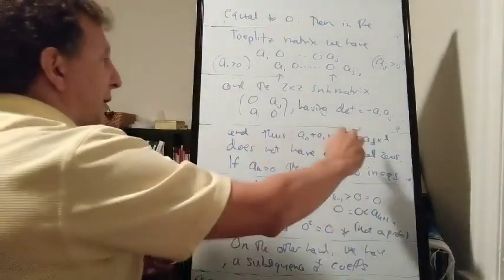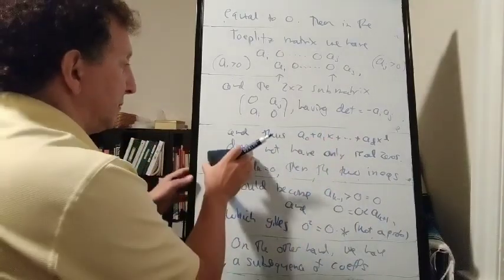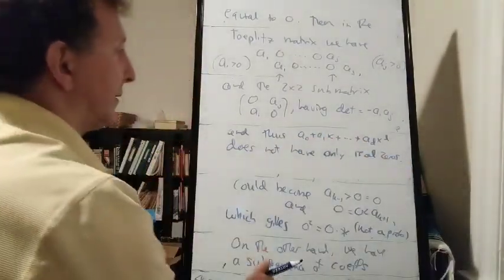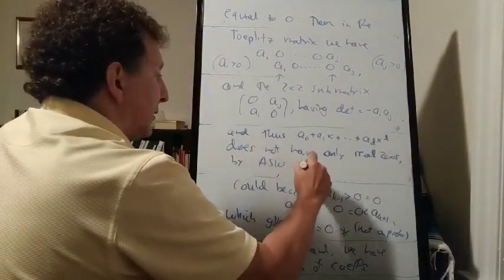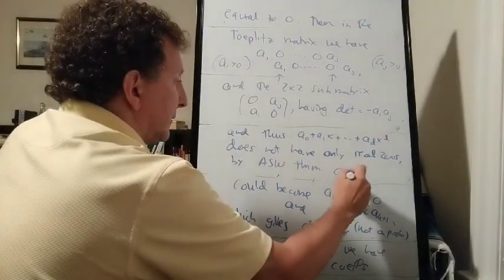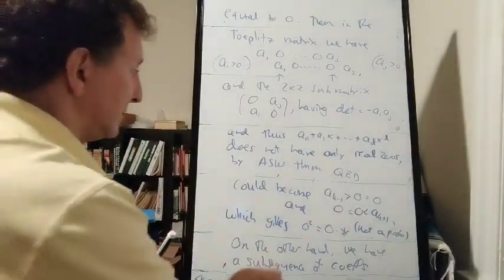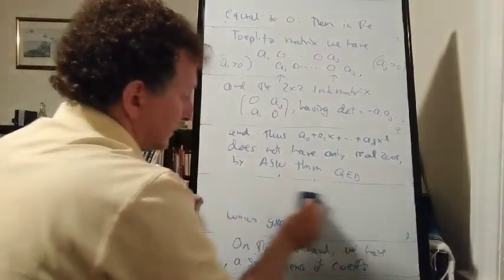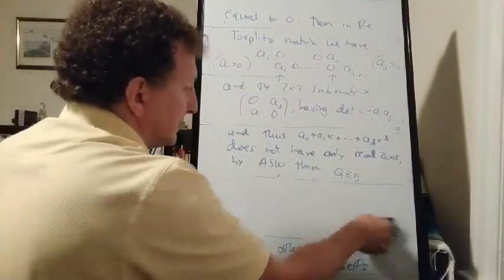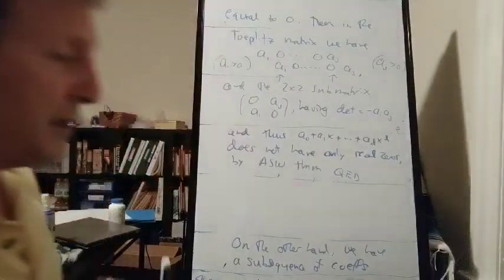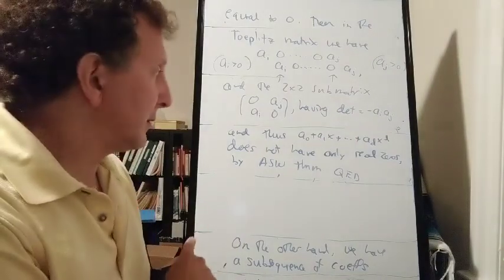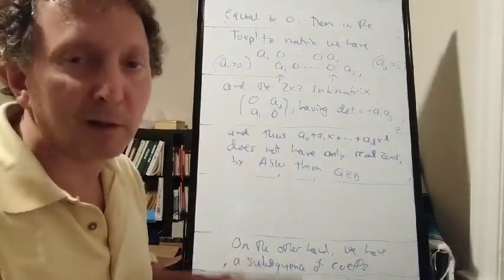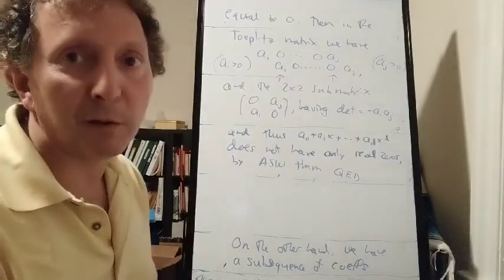And thus, this polynomial does not have only real zeros, by the Aissen-Schoenberg-Whitney theorem. So if you look at the PDF file that I posted of polynomials with real zeros, you'll see that the coefficients sort of go up nicely and come down. They make sort of curves that look a little bit like the normal distribution.